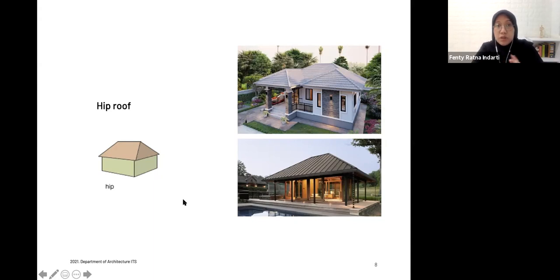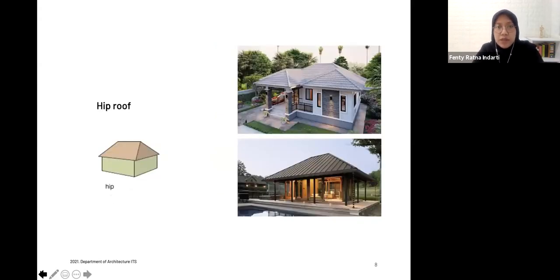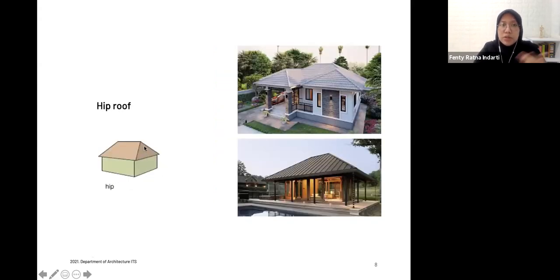So this is a very common roof that you can see. The difference between the gable roof and the hip roof is actually here, this side. We call it the gable roof because it has a gable here on top, while this one, you don't have a gable. It's fully protected by the roof itself.